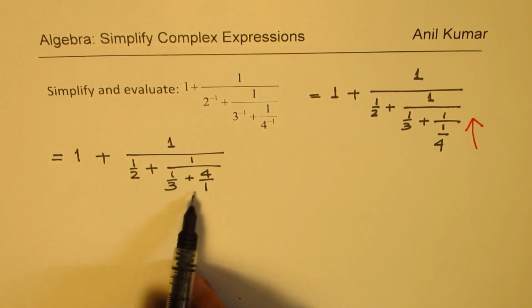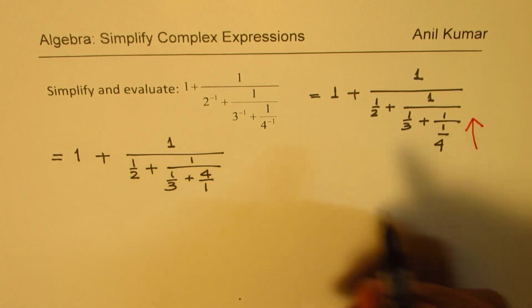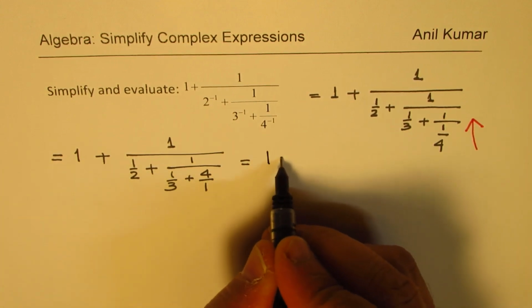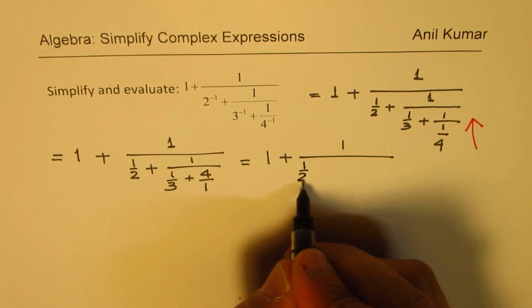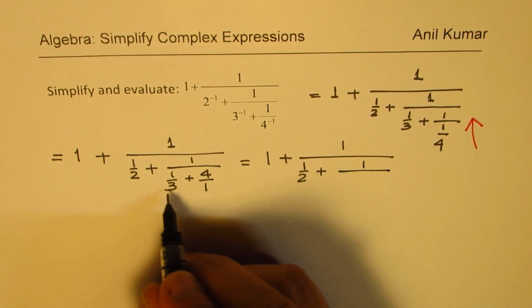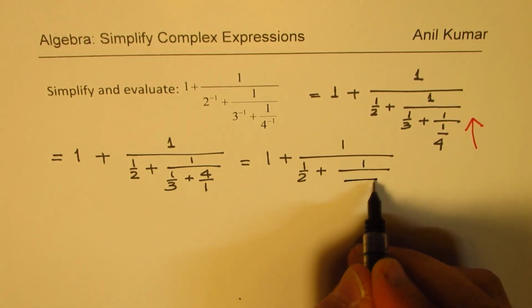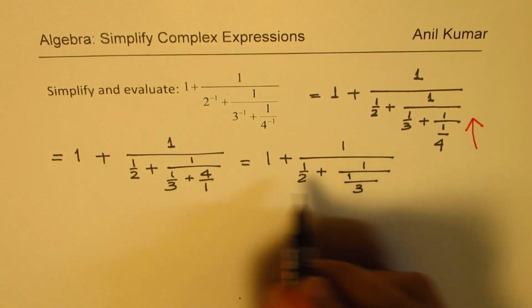Now from here we can take common denominator and move upwards. Perfect. So I could write this as 1 plus 1 over half plus, here 3 is a common denominator, right? So we get 3 as a common denominator. This remains as 1, and 4 times 3 is 12.